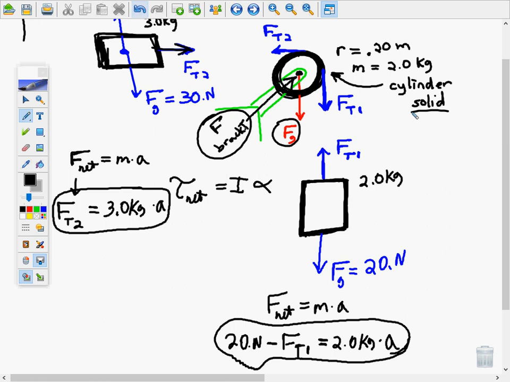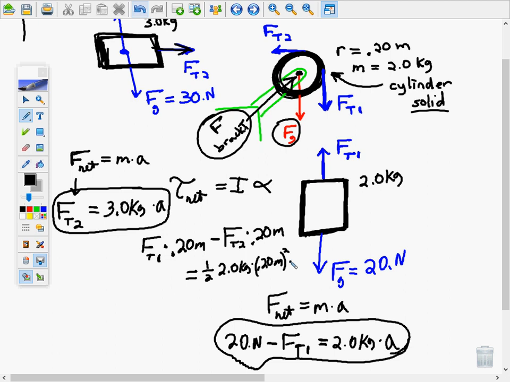Ft1 times 0.2 meters, minus Ft2 times 0.2 meters, equals 1/2 times 2 kilograms times 0.20 meters quantity squared, times alpha.